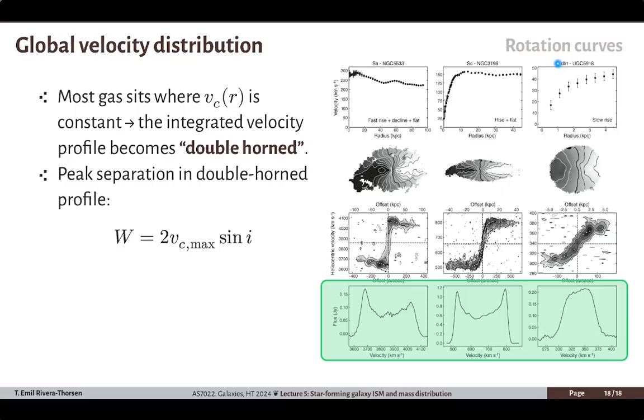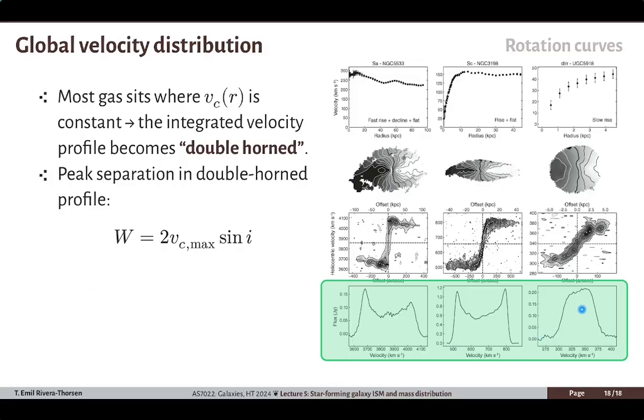We can also see that in the dwarf irregular, we don't really see any horns because there isn't really any constant velocity that any gas is settled on in this galaxy. Its rotation curve profile grows or it sinks, but it doesn't actually settle at a constant value anywhere that we can notice.